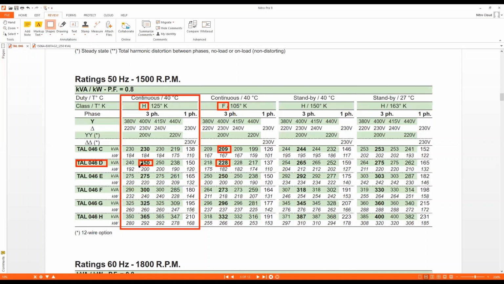This alternator is rated 250, but then he will not be respecting the limits of temperature rise class F. It's that simple. This alternator is rated 250 kVA. If I want to consider a temperature rise class F, in order to extend my alternator's life, I should not exceed this value.